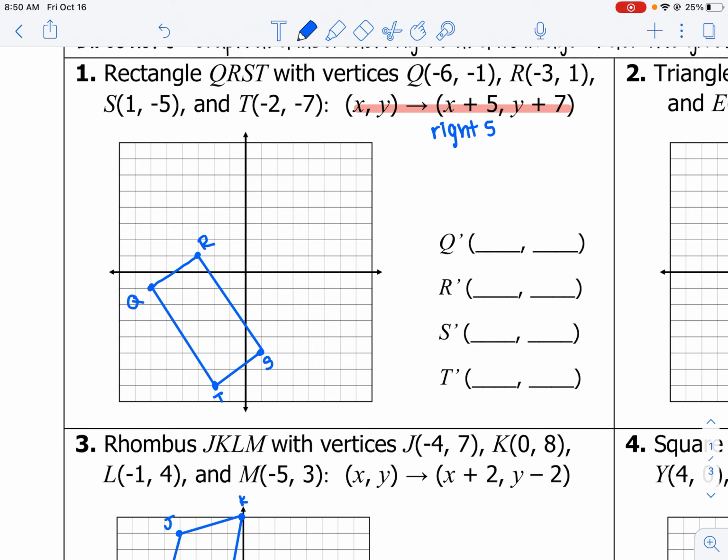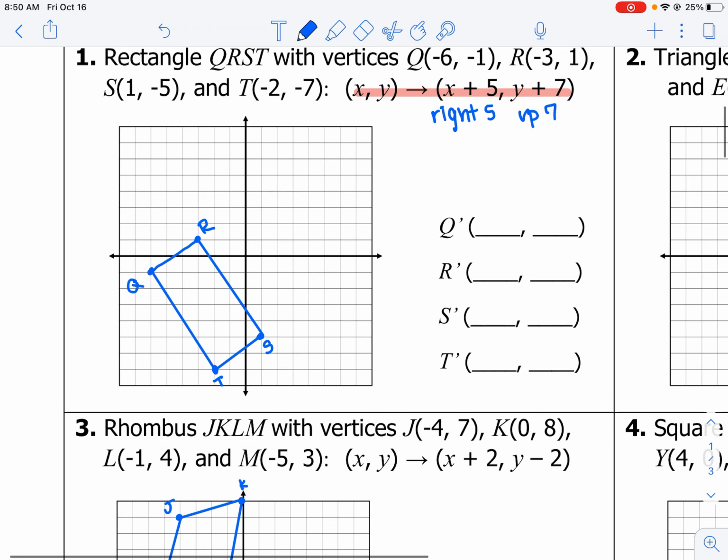And if I add 7 to the y value, that also causes it to move up 7. So I'm going to the right 5 and up 7, and that's how I will get my image.